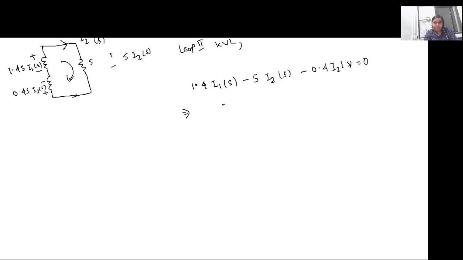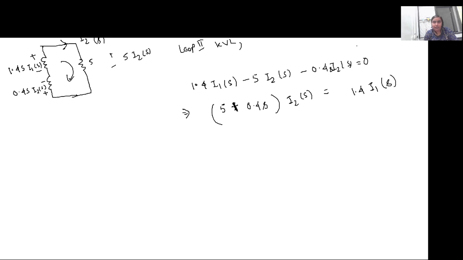So (5 plus 0.4 s), there will be an s here, sorry, (5 plus 0.4 s) I2 will be equal to 1.4 s I1 of s, right?